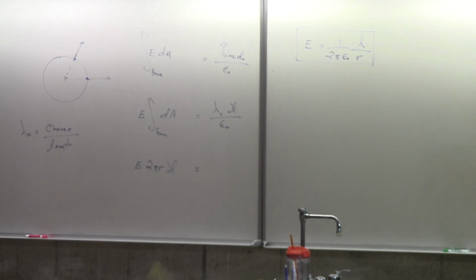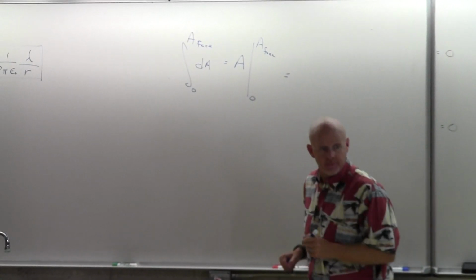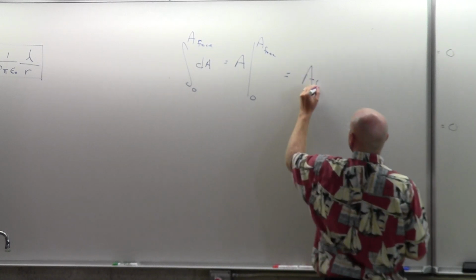So you might say I am going to start with 0, add up chunks until I get the total area of the face. So an integral of dA is A evaluated from 0 to the area of the face. And so that's the area of the face.